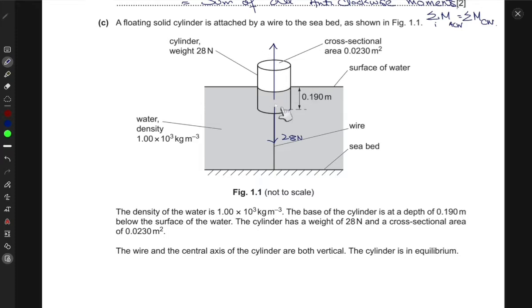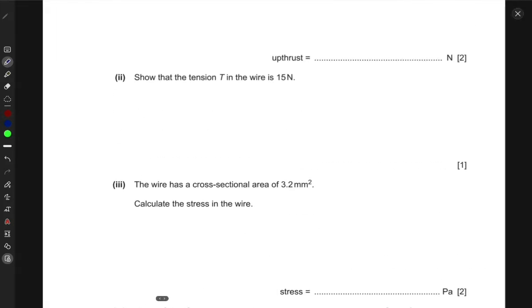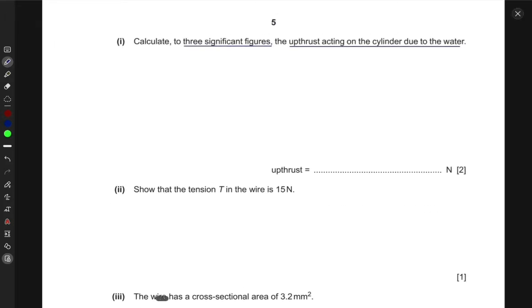Because when I add the cylinder to the water, I'm basically changing the pressure in the water, and that change in pressure is the reason for this upthrust force to be present here. So the upthrust is caused by the change in pressure.